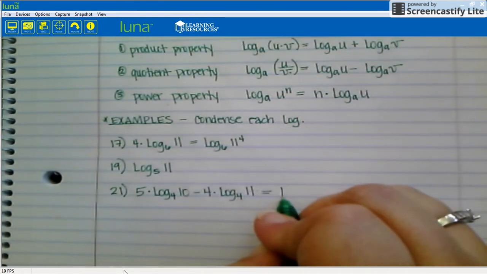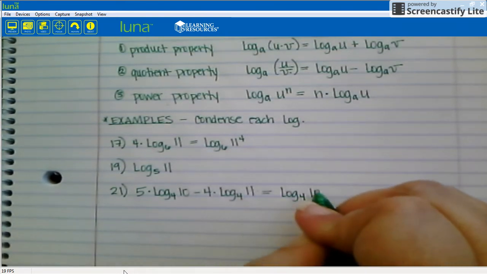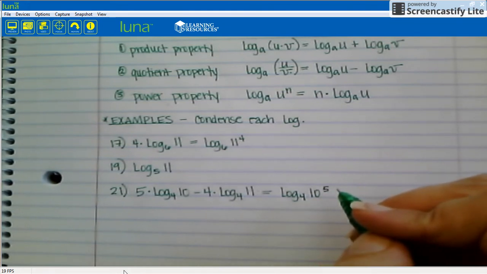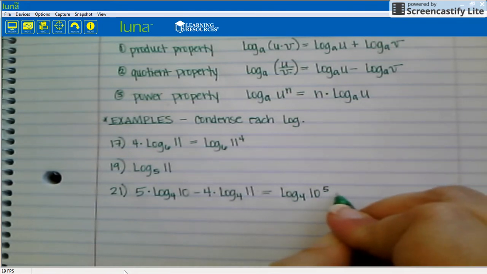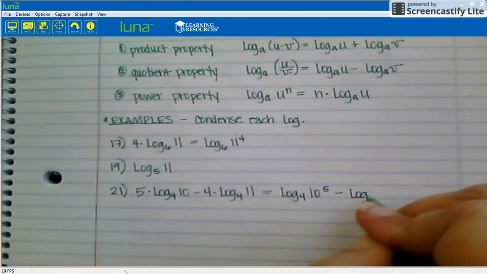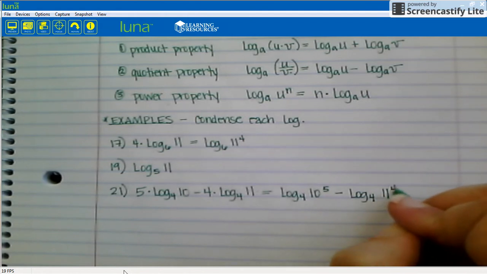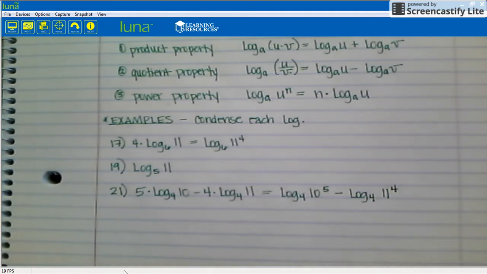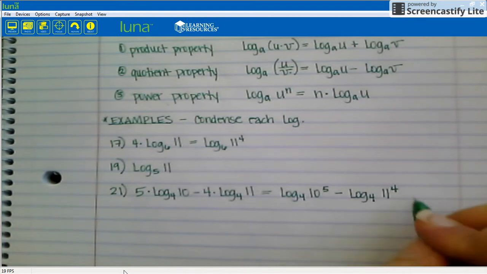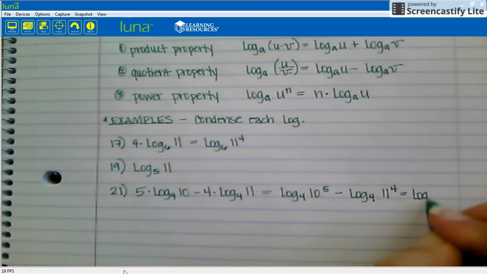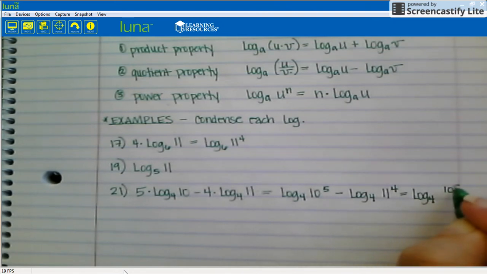So this is going to become log base 4 of 10 to the 5th power minus log base 4 of 11 to the 4th power. And then using the quotient property, since I'm subtracting these two, that means I'm actually going to be dividing them within the same log. So these can then be further combined as log base 4 of 10 to the 5th over 11 to the 4th.